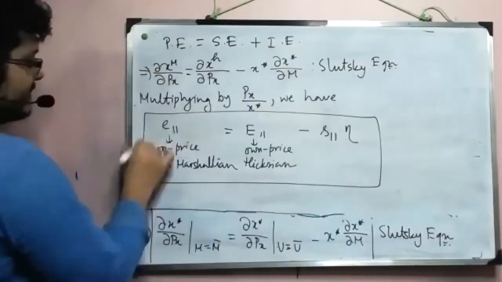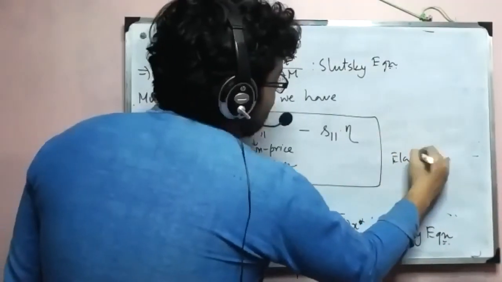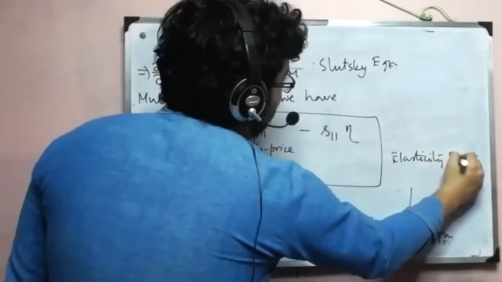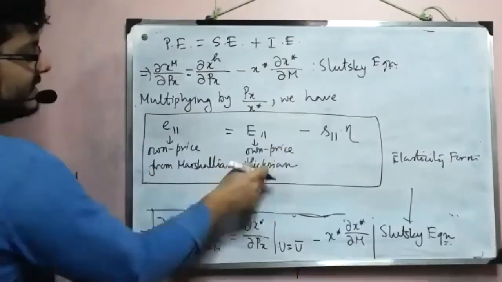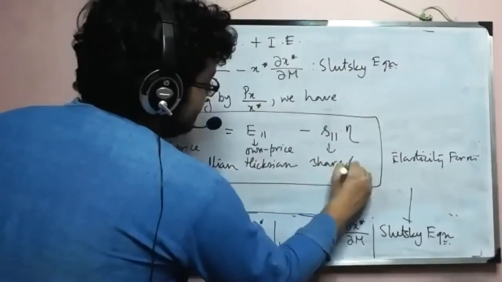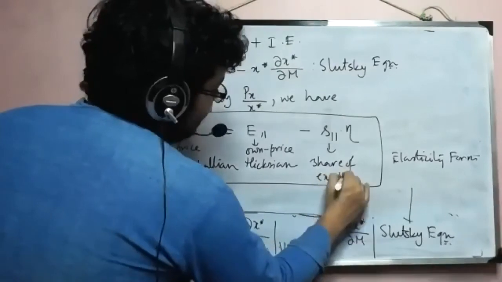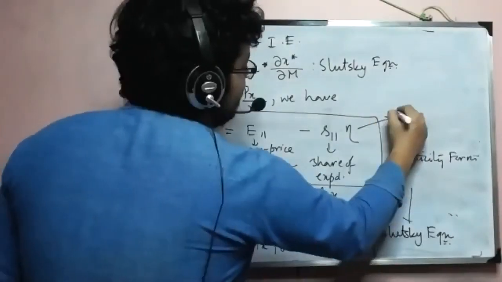So this is Slutsky equation in elasticity form. So what is it? This is own price Marshallian is equal to own price Hicksian minus share of expenditure of x, and this is income elasticity.